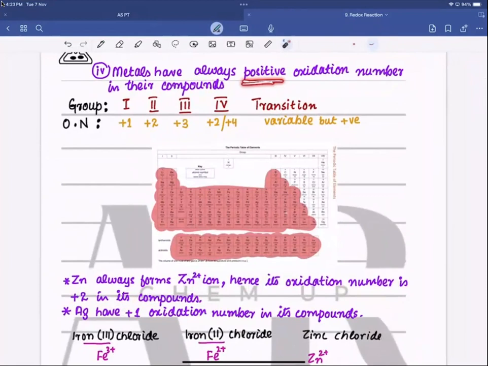In an element it's 0, but in a compound, it is always positive. If the metal is from group 1, then its oxidation number is +1. If the metal is from group 2, its oxidation number is +2. If the metal is from group 3, its oxidation number is +3. If the metal is from group 4, its oxidation number is either +2 or +4. And if it is a transition metal, then it varies from +1 to +7, but it always stays positive.